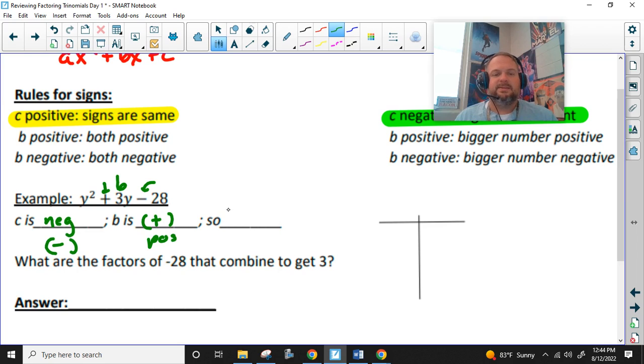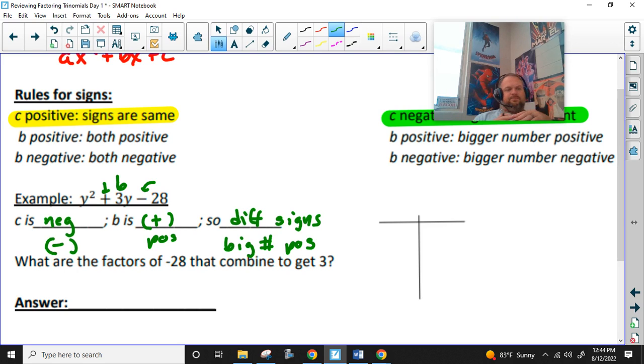Okay. So, different signs, big number positive. Okay. I've got this written out because that's how I kind of want y'all to think through these.